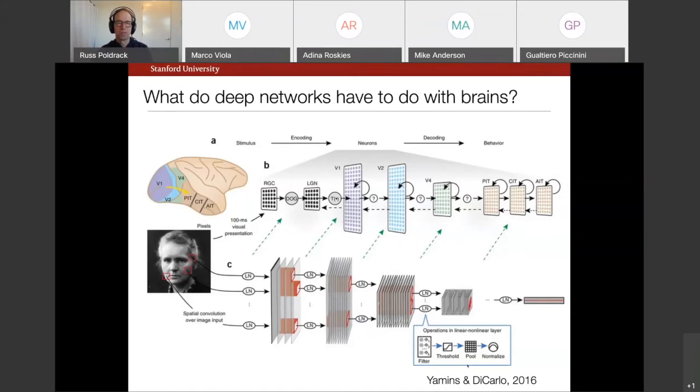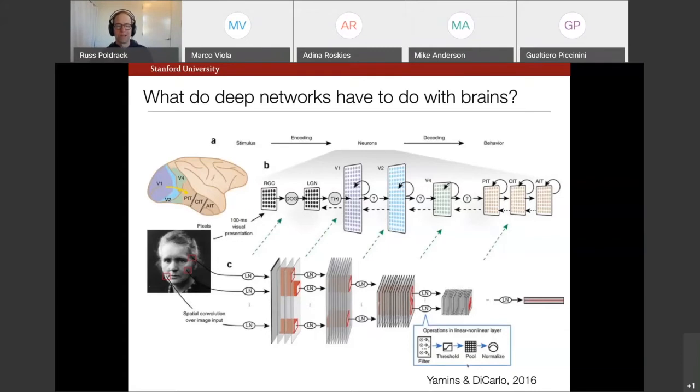All the network knows is how to do the object recognition task. And successively higher levels in the neural network can predict very well patterns of activity of neurons in successively higher layers of the primate visual cortex.